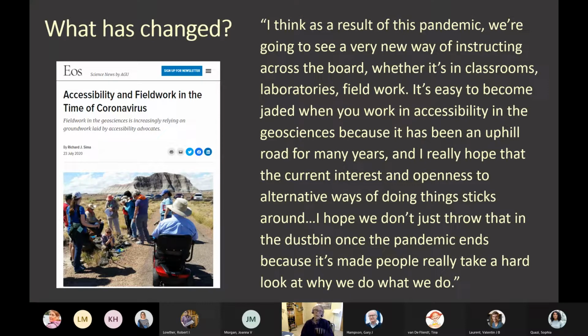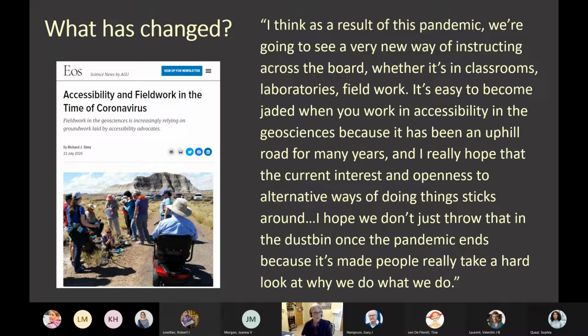And almost by default, that new offering has become more accessible and inclusive for a lot of students, including those with disabilities. And this is just a quote from this really interesting paper from Anita Marshall, who's at the University of Florida.